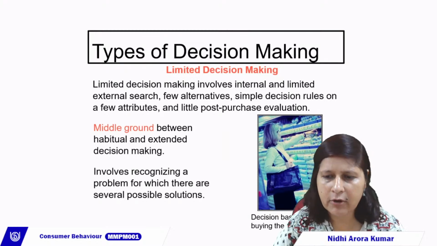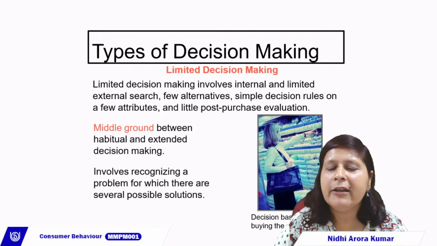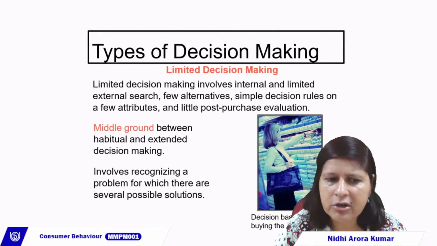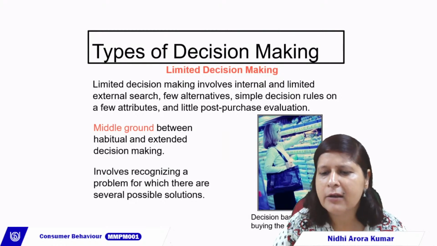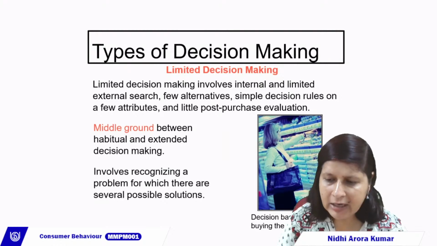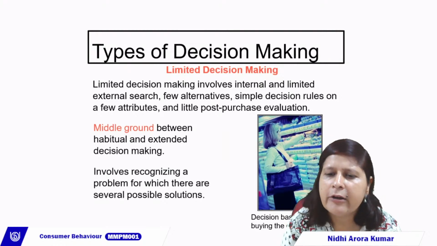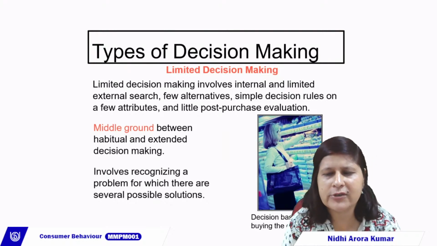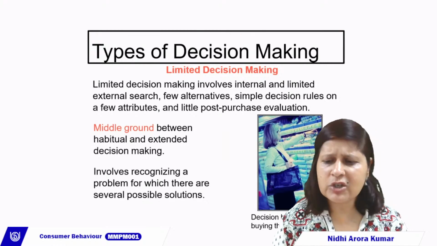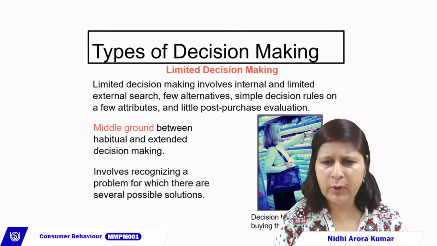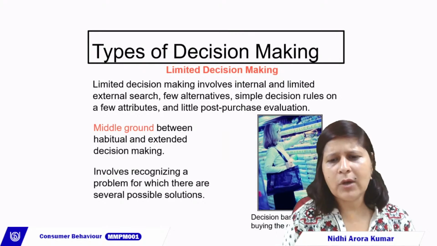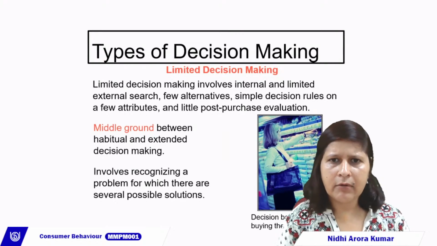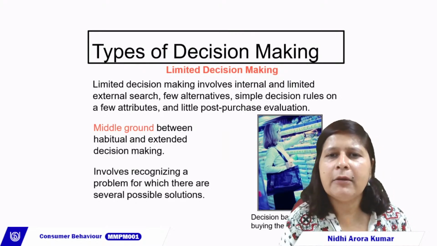Limited decision making involves limited internal and external searches, few alternatives, simple decision rules on few attributes, and little post purchase evaluation, right? We search about the product, but in a limited way, not very extensively. Suppose we want chapati wrapping rolls.